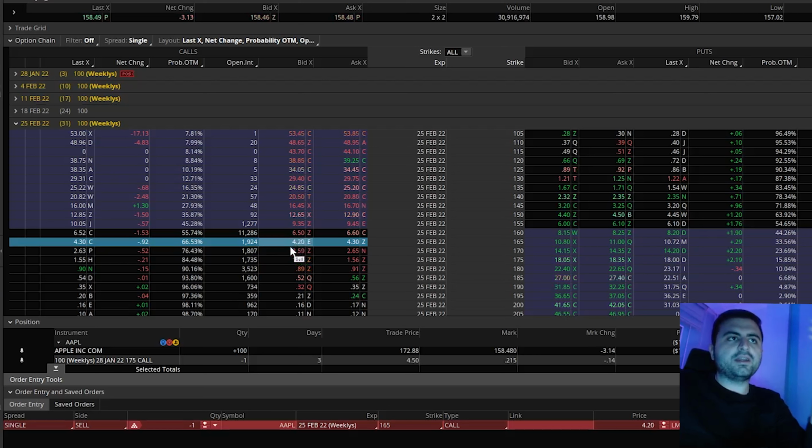Because we are holding 100 shares, all option contracts are equal to 100 shares. Don't forget that. If you are okay with that, you choose your price. You can change the price as you want, and you hit the confirm and send button, and that's it.